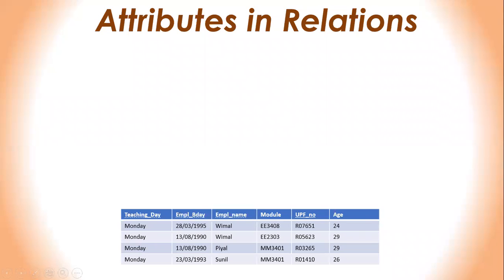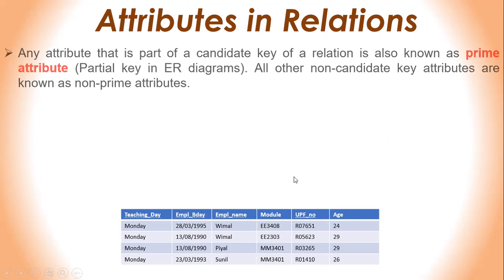There are some definitions or terms that you need to understand when you learn about data dependencies, or in other terms, relationships between the attributes. This thing you already know as a partial key. These three attributes are known in ER diagrams as a partial key.